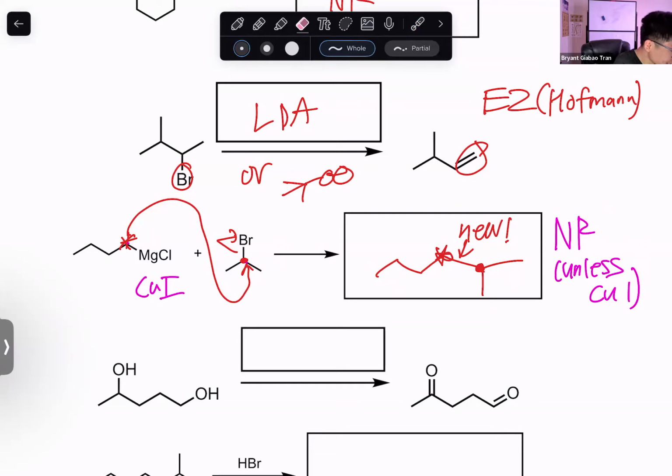Grignard reaction reacting with secondary haloalkane.